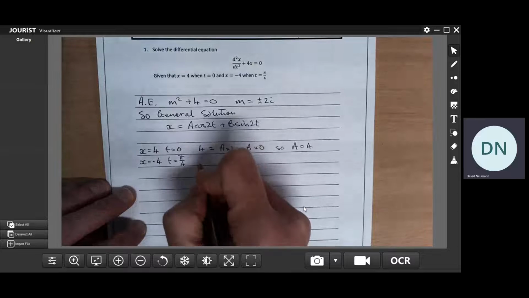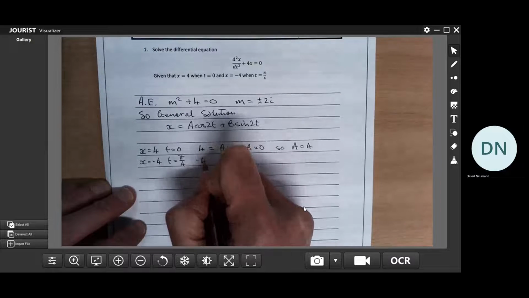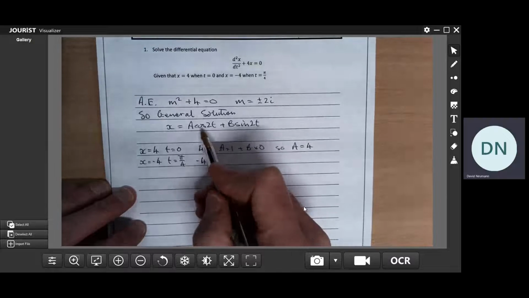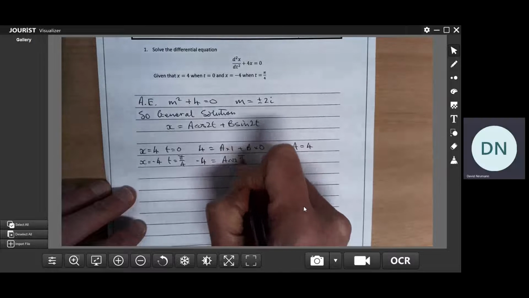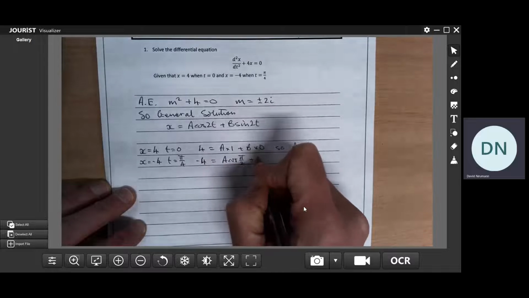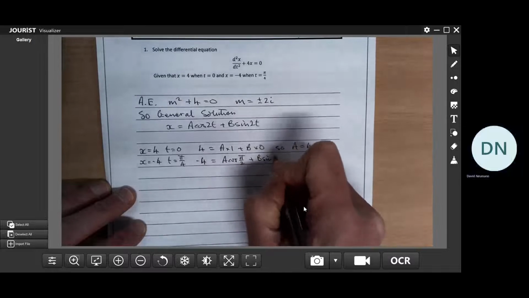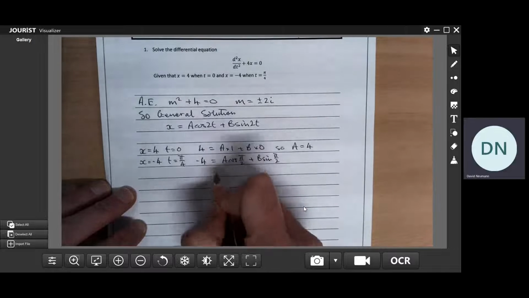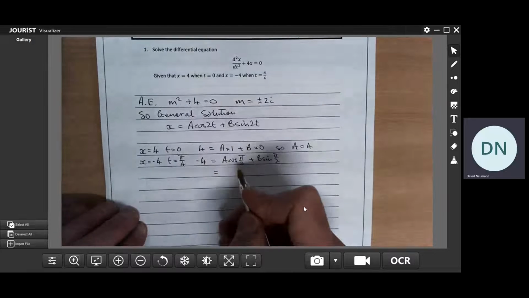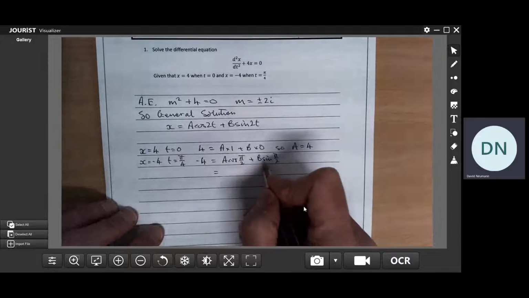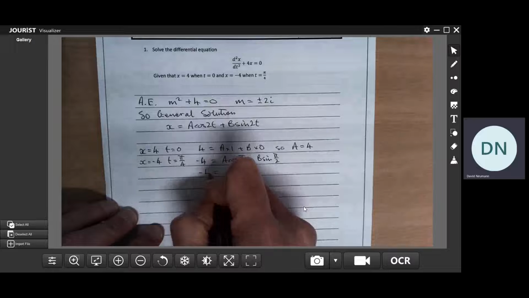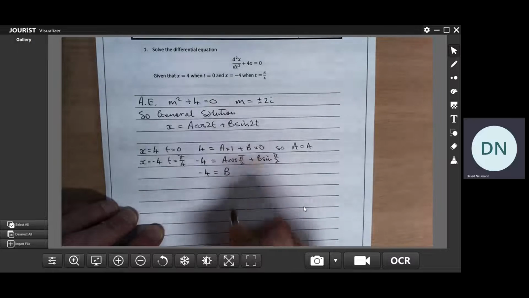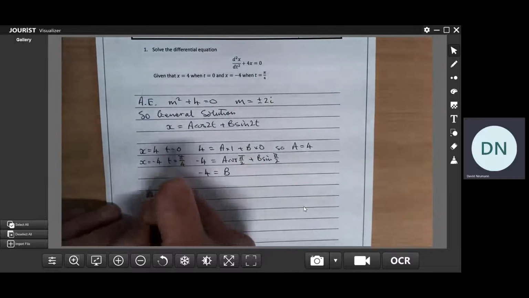So we've got minus 4 is equal to a cos pi over 2 plus b sine pi over 2. Well, cos of pi over 2 is just 0, and sine of pi over 2 is 1, so we've got minus 4 is equal to b. So b is equal to minus 4.